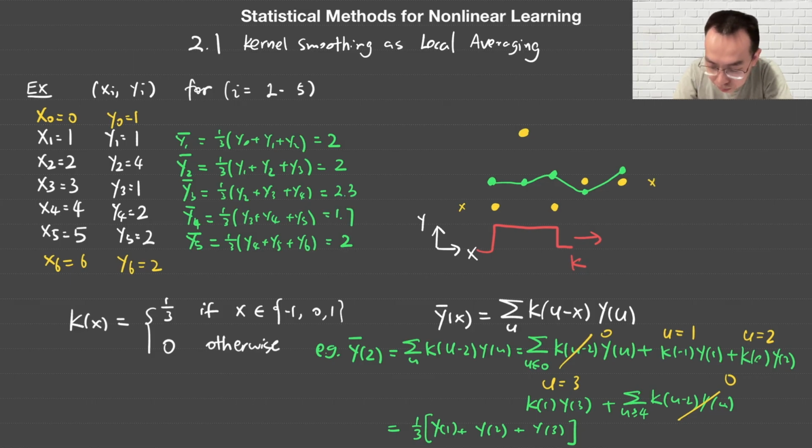Here the detector's position is at x equals 2. Actually the detector is discrete. I'm drawing a continuous detector, but you know what I mean. It takes the value of 1/3 for these three values and zero elsewhere. So we are using this detector k to dot with the data to obtain our smooth value.